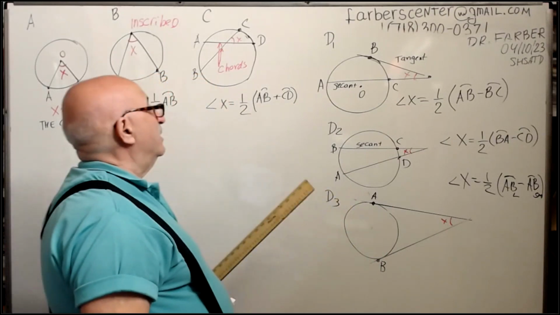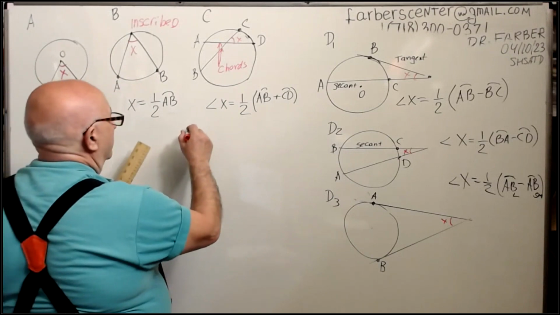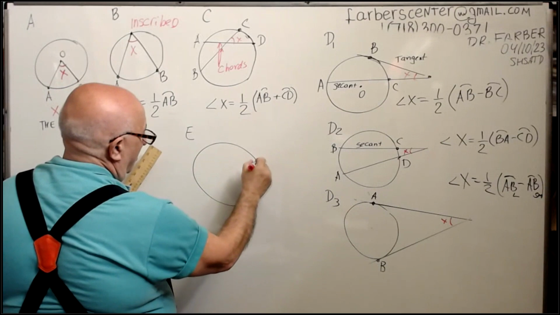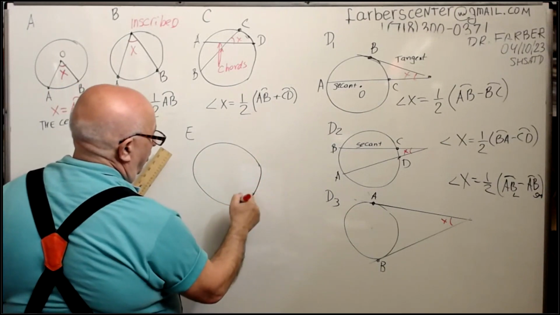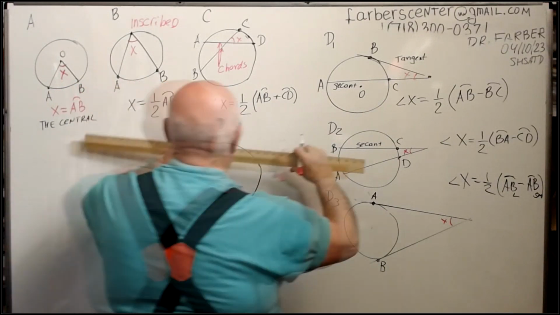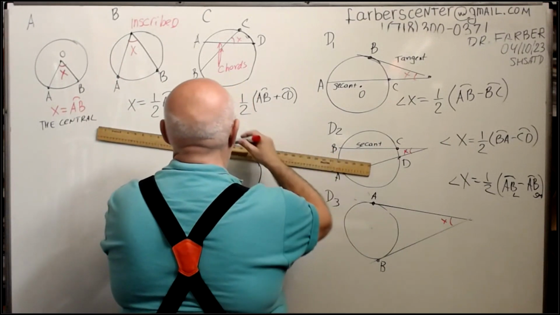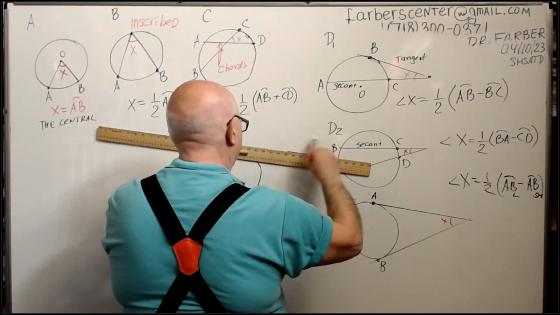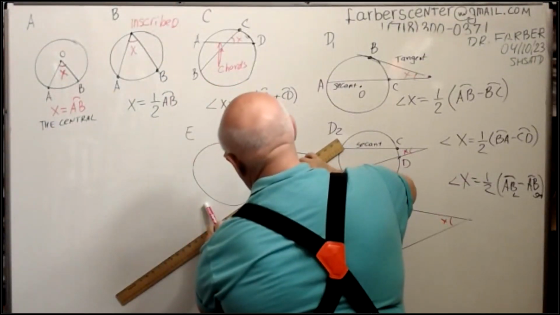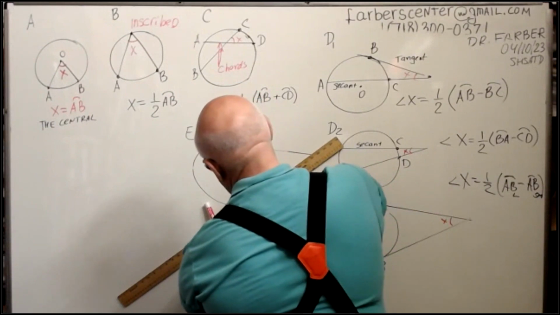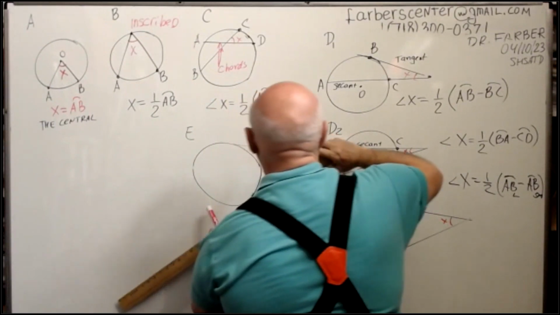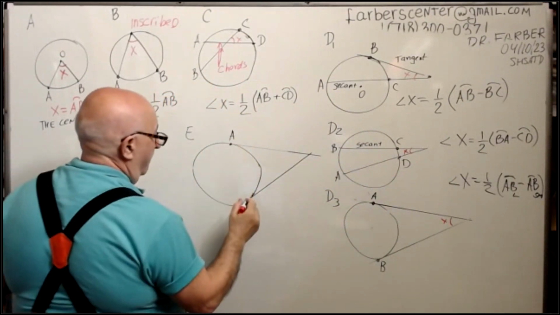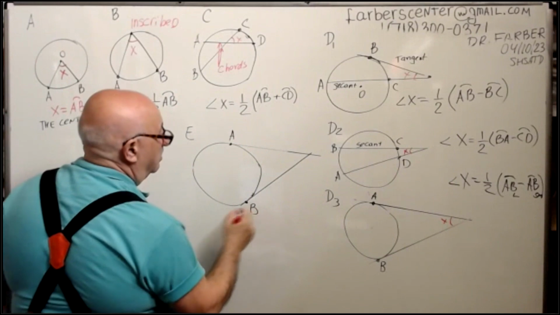And finally, the last situation, E. If we have a circle, and we have a point outside the circle, very important theorem. And I make two tangents. And these are the points of tangency.